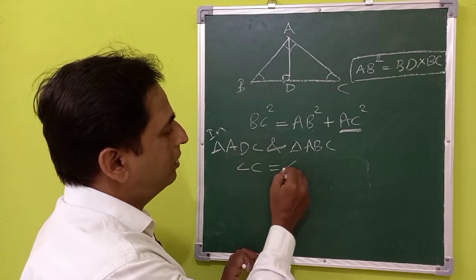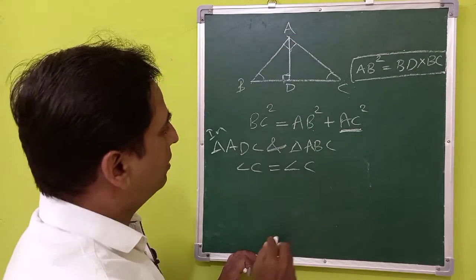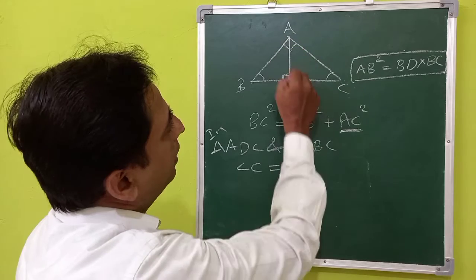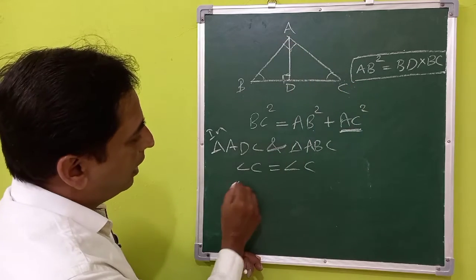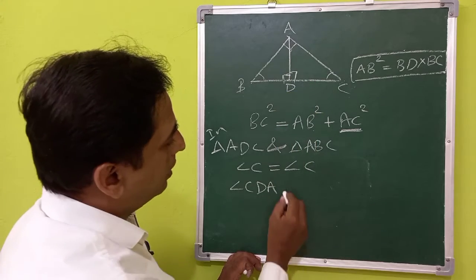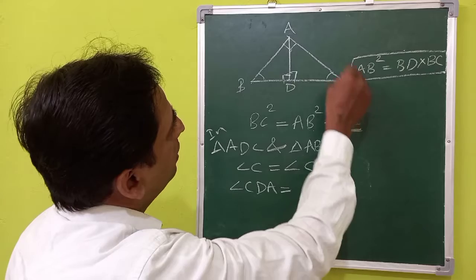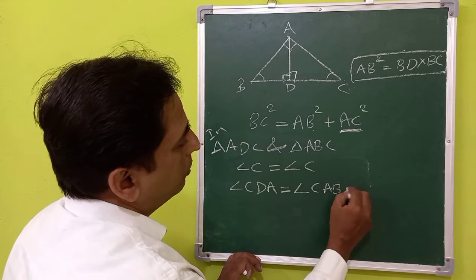So angle C is equal to angle C, and we have a 90-degree angle in both the triangles. Angle CDA is 90 degrees here, and correspondingly in the bigger triangle, angle CAB is also 90 degrees.